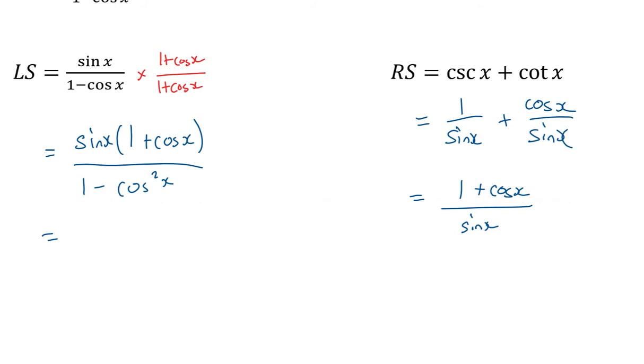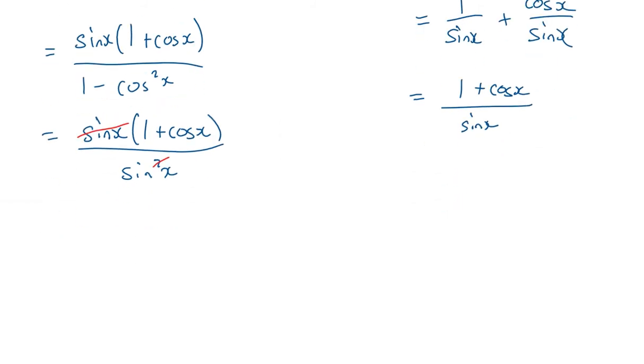And part of the reason why that's so useful is because now I have the Pythagorean identity: 1 minus cos squared x is sine squared x. So that difference of squares is something that we do see fairly often in identities. And now that sine x will divide out with one of the sine x's on the bottom, and look at that, we're done.